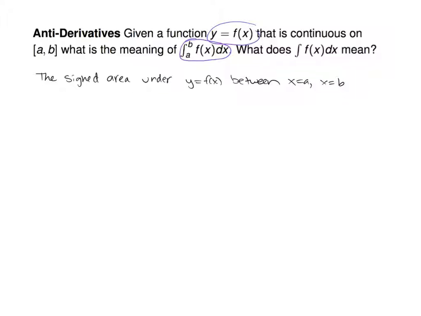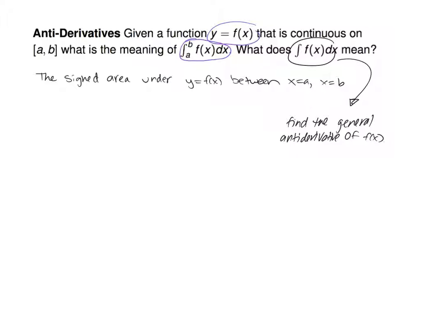And then what about when you take off the bounds? What does that symbol mean to do? Find the antiderivative. Yeah, so this thing means, the correct word is, find the general antiderivative of the function f of x.